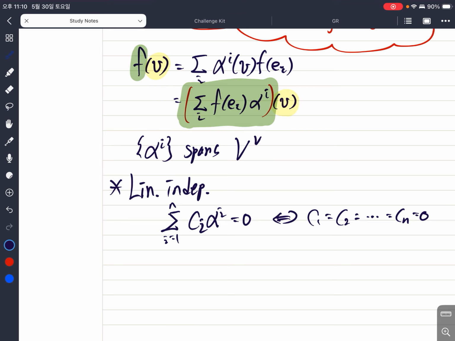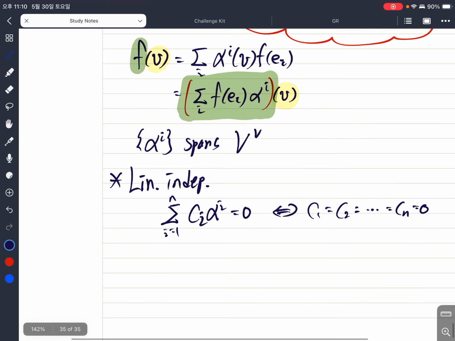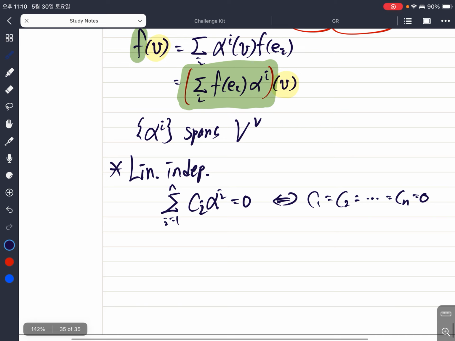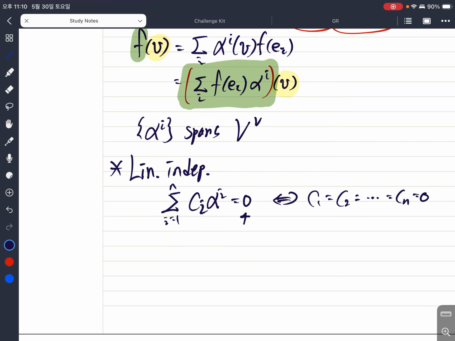If this is only true when every c_i is 0, then it is called linearly independent. And this zero map we already defined. The zero map is where everything is sent to 0.